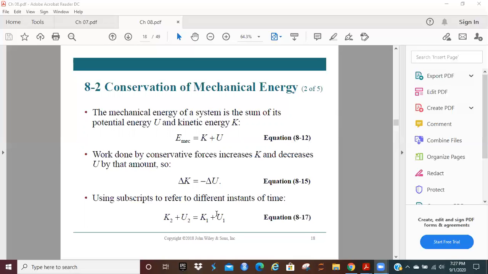And if you want to go through and use subscripts, then the sum of the kinetic plus the potential energy of the second situation should be equal to the sum of the kinetic plus the potential energy of the first situation. If this mechanical energy is going to be conserved all the way through, then the sum has to hold. Now, how it gets divided is sort of up to the situation, but the sum should end up being the same.